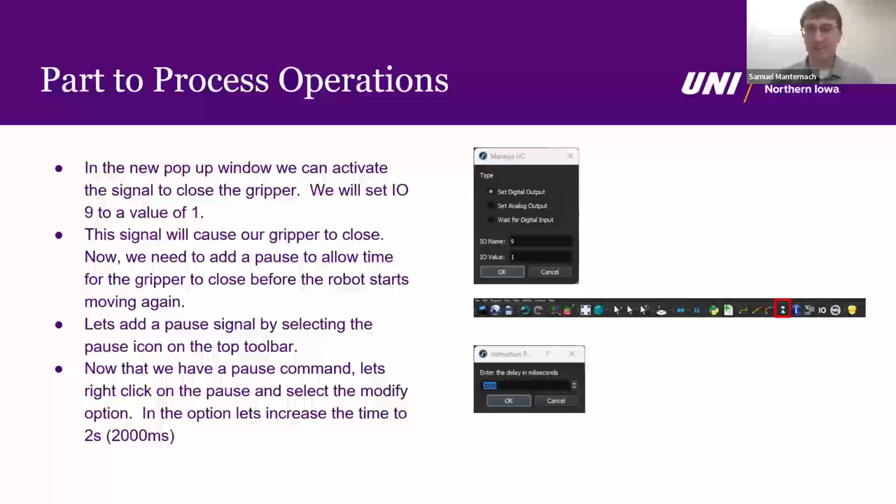So if you hit the pause icon at the top of that toolbar, and then right-click on that icon that is now made in your program tree, you can select modify, and that's going to let you adjust how long it takes. In Robotic, it's timed out in milliseconds. Some other robot manufacturers will do it in whole seconds, just to make it simpler on you. In this case, we can just set it to use 2,000 milliseconds to do our math to set it to 2 seconds. And this way, it'll have enough time for our jaws to close and pick up our part.